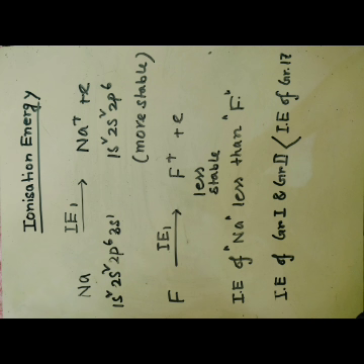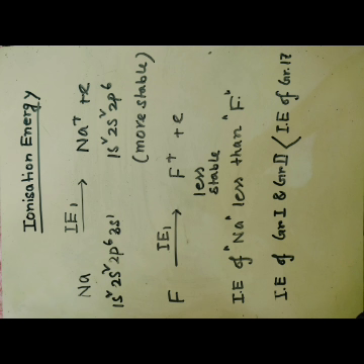But in the case of the halogen group, halogens have 7 electrons in their valence shell. So to acquire an octet electronic configuration, they require one more electron.